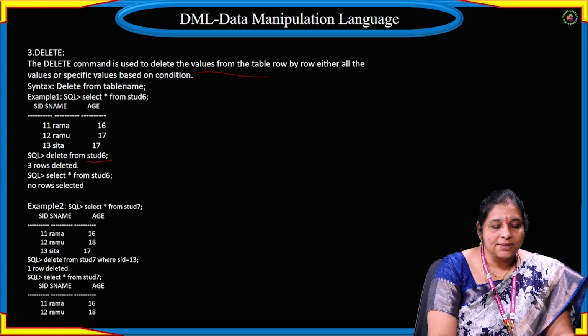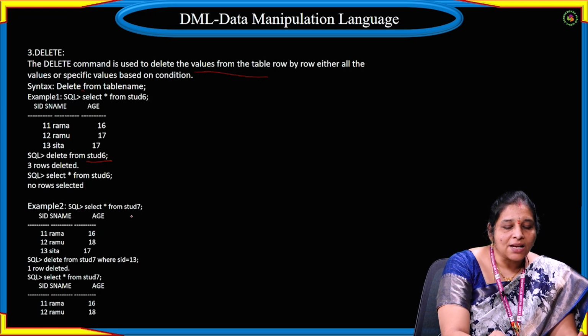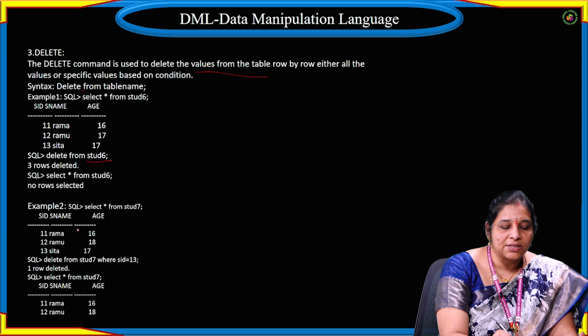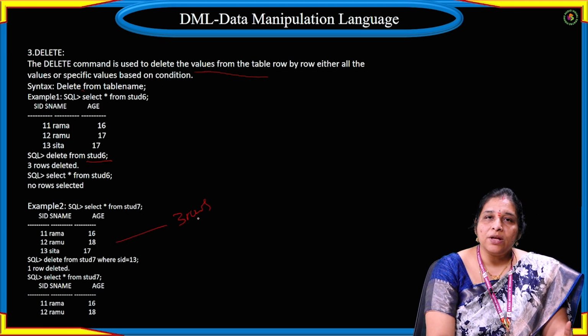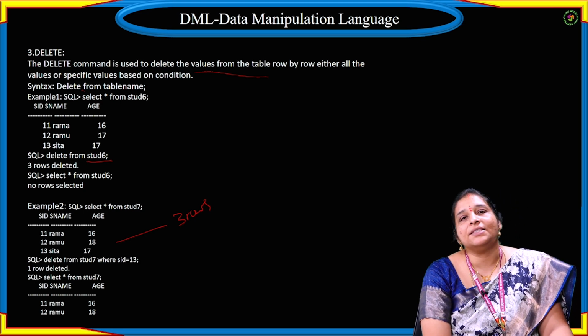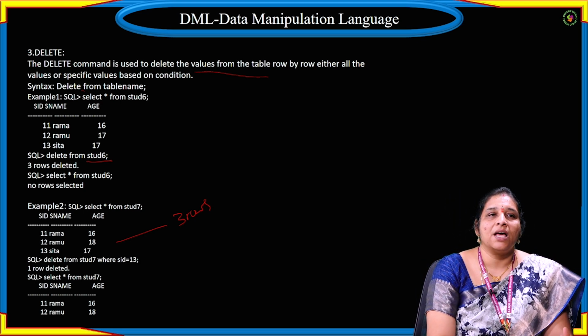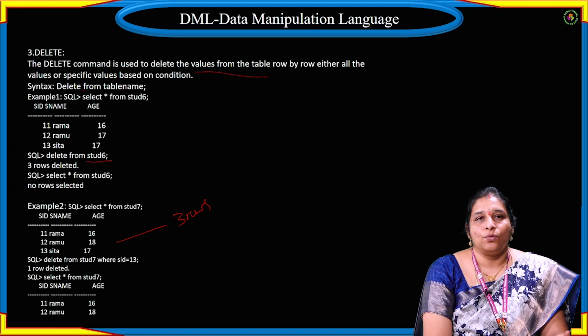In the second case, I am trying to delete not all the rows but a specific row or rows based upon the given condition. Select star from student 7. When I executed this, I saw that there are 3 rows in the table student 7. Let's say I have to remove only one specific row, like a student whose attendance is less, or students who are residing in hostel, or students who have CGPA over 9.5, or students likely to get detained.